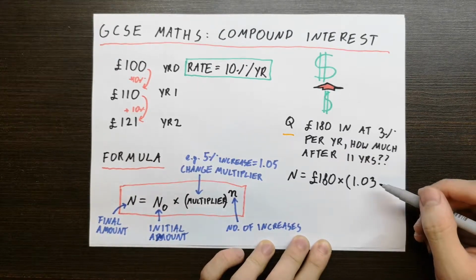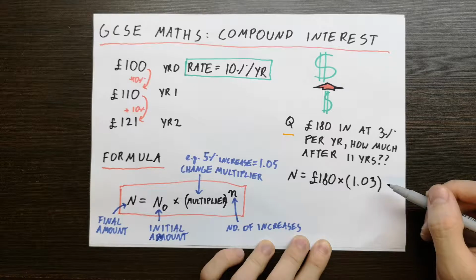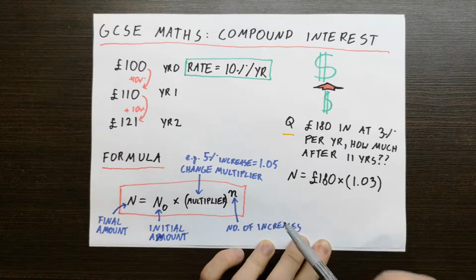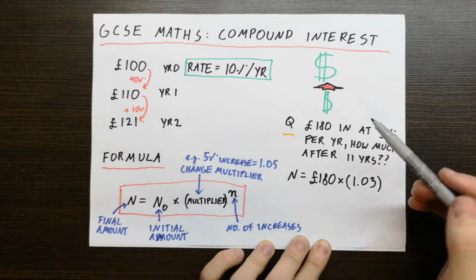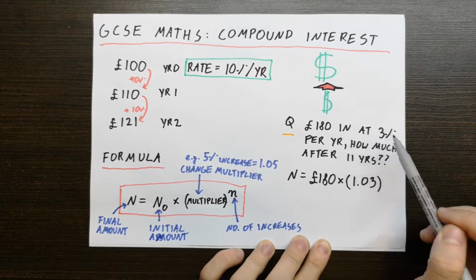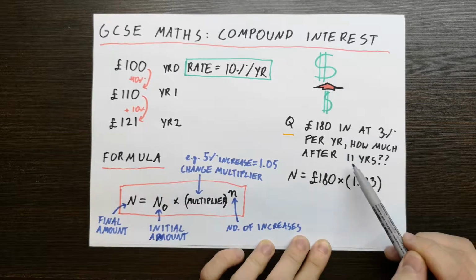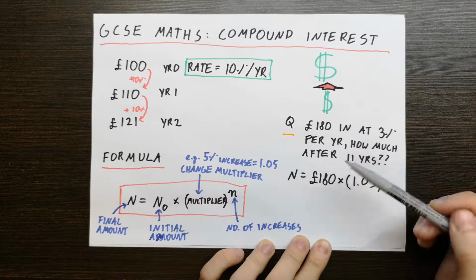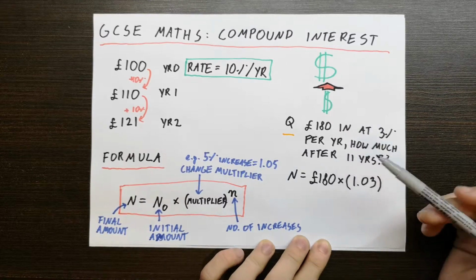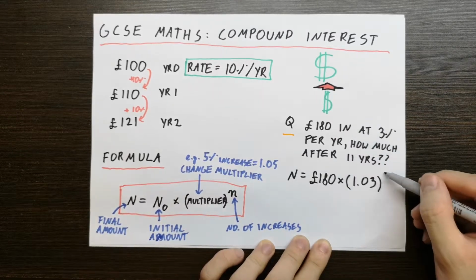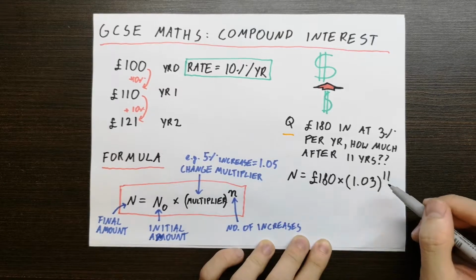So that's our multiplier. And therefore, our number of increases, how much is that? Well, the rate is 3% per year. And after 11 years, we'll be compounding this 11 times. So the number of increases is quite simply 11.